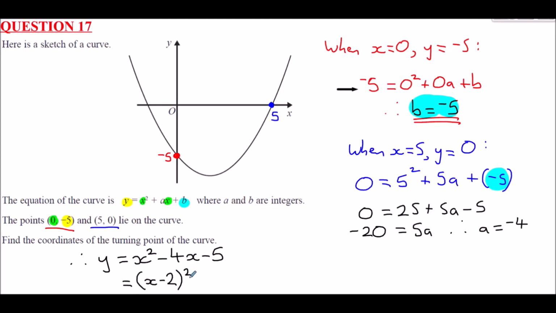We square that, and then when we complete the square, we always subtract the value of this second thing squared. Minus 2 multiplied by minus 2 is positive 4, so we subtract 4. So all we're doing here is we're essentially replacing this with that. And let's not forget the minus 5.